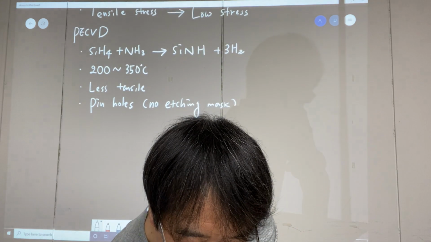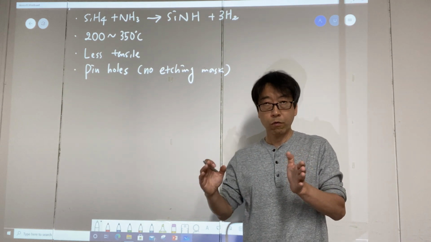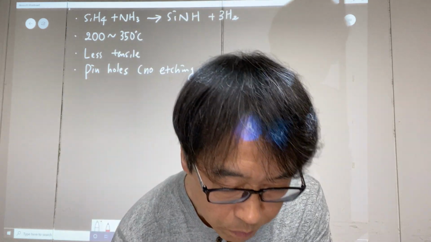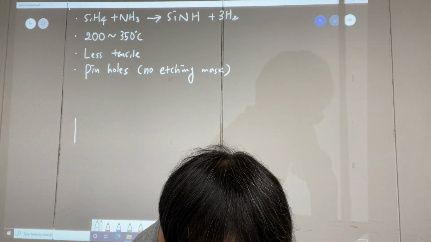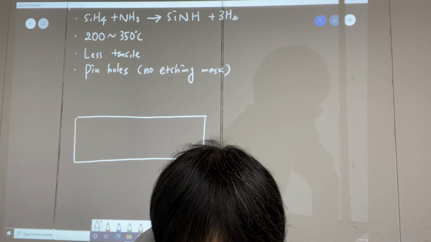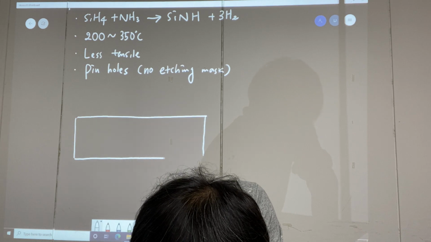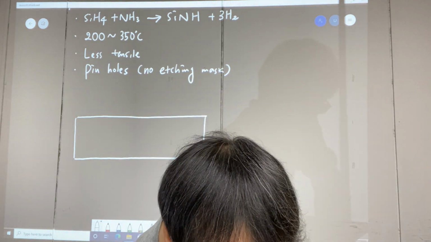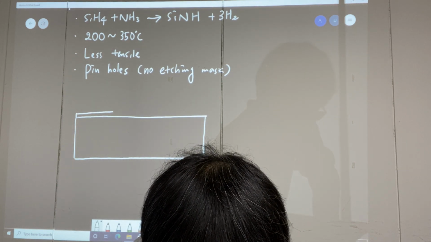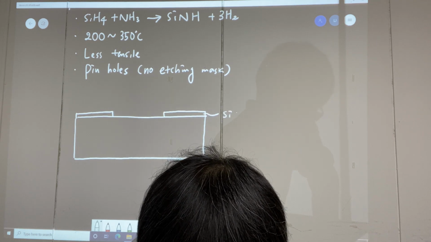Okay, so let me show you how you can create a certain window area to obtain the oxide in a specific area. You will have a wafer in the first place, and then you will maybe grow the first silicon dioxide on it.